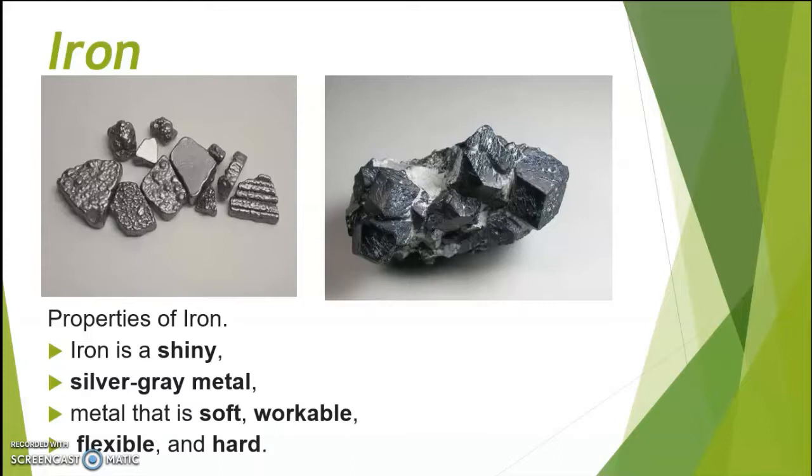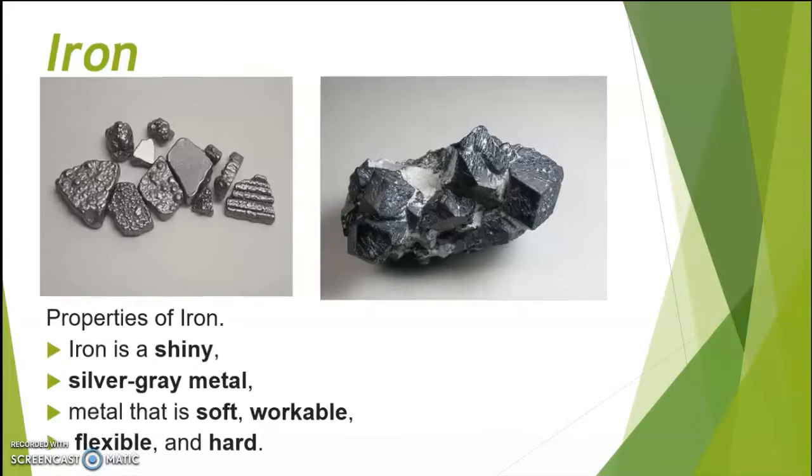So the iron is a silver gray and shiny metal, and then it's a soft metal and workable, and a flexible and a hard one. Flexible means you can make a hole on it and then you can bend it. Okay.